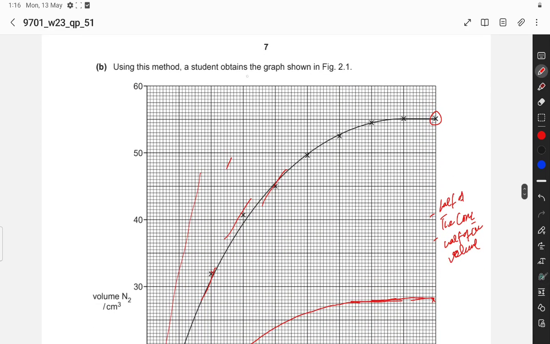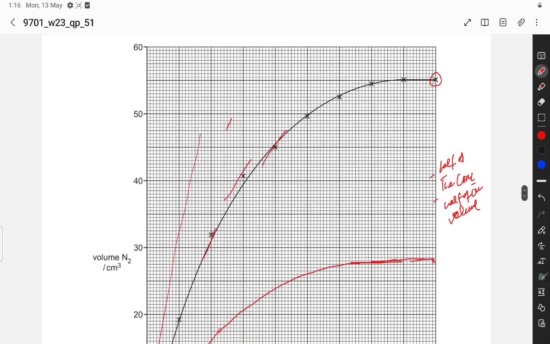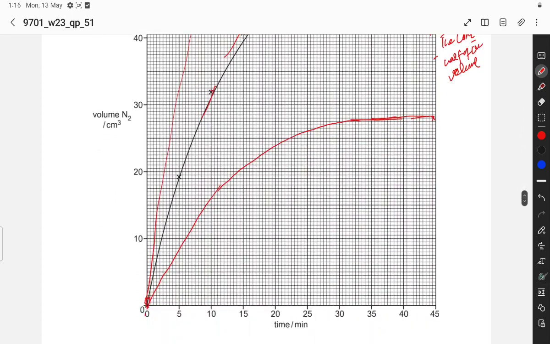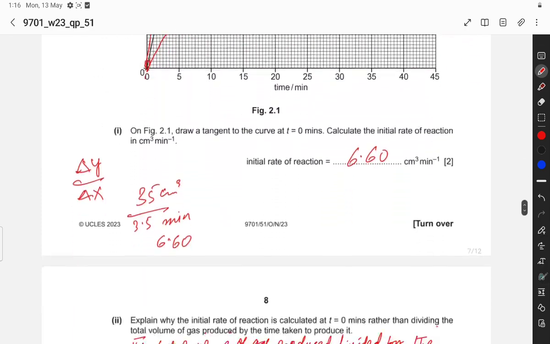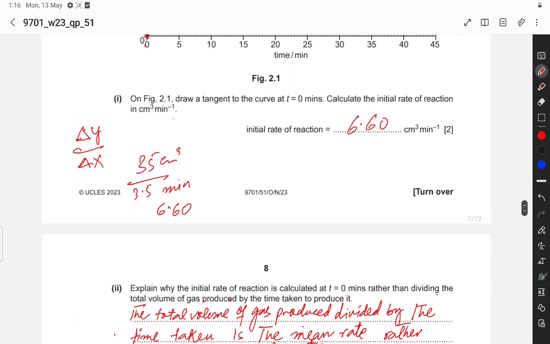Using the method, a student obtains the graph shown. So this is the graph of the volume against time. Okay. On figure 2.1, draw a tangent to the curve at t equals 0 minutes. Calculate the initial rate of reaction in cm cube per minute.